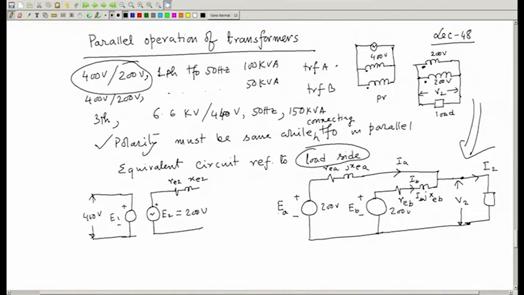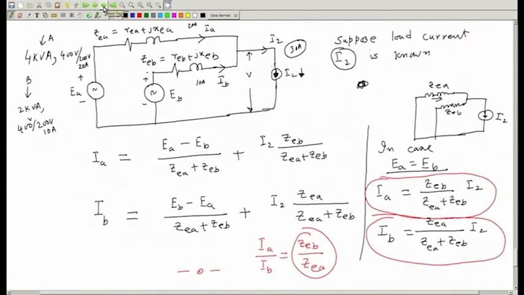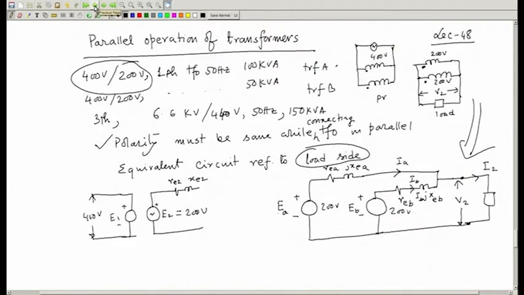As an example, I told that suppose you have two transformers of voltage rating 400 volt and 200 volt. These two transformers you are connecting in parallel.